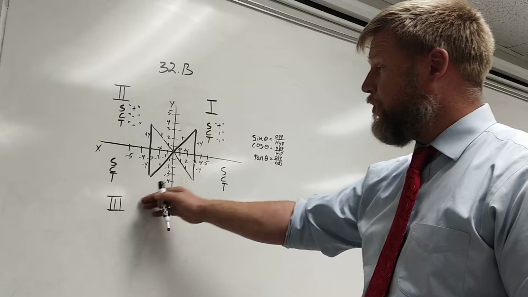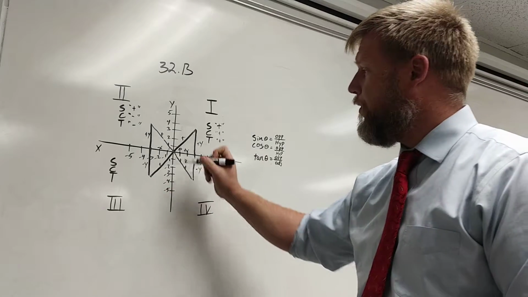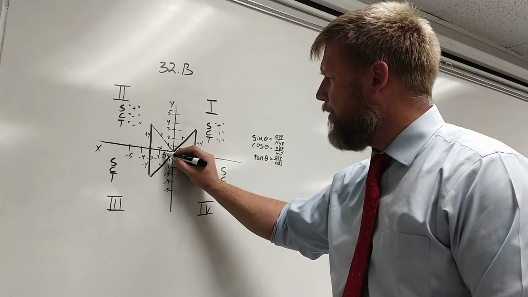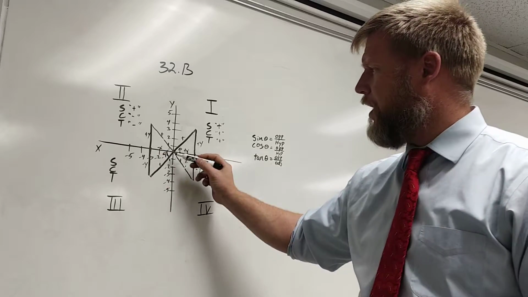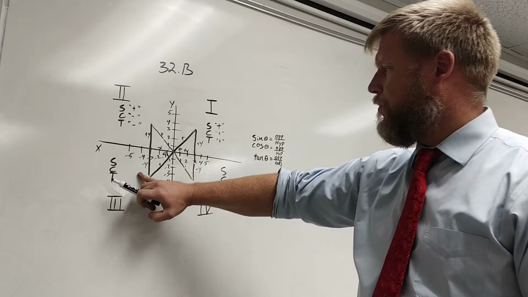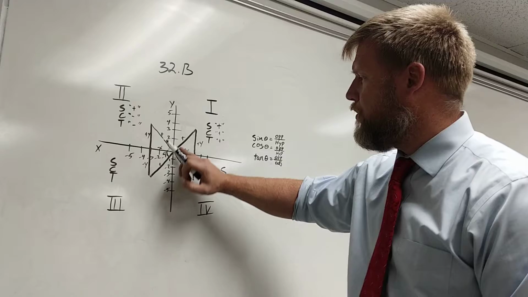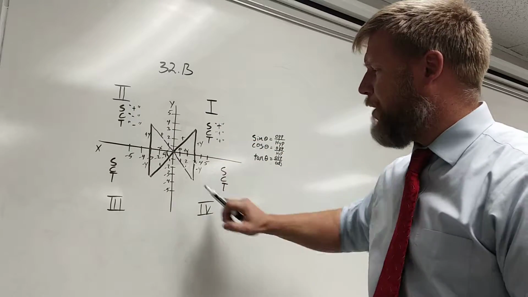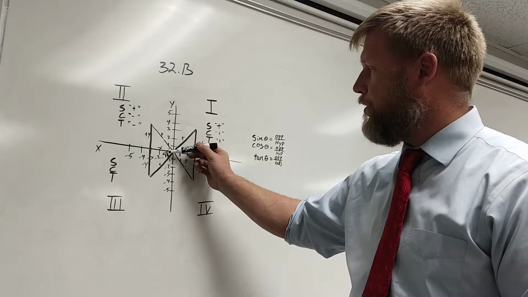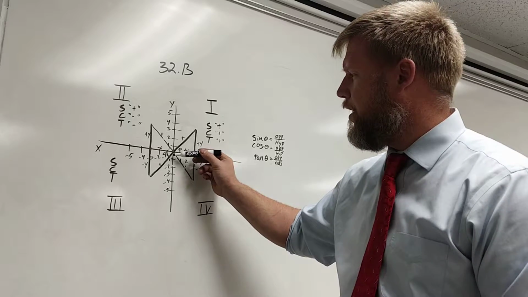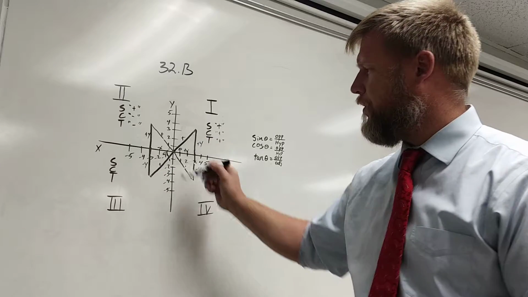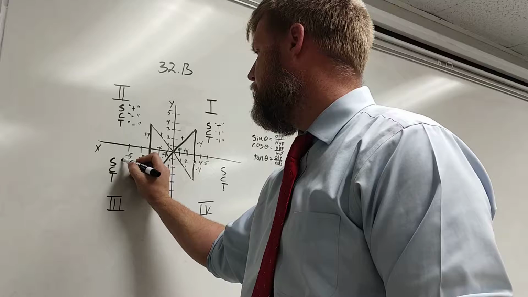Then I move to the third quadrant, and I realize this is my internal angle here, there's my theta, and I look at my sine is my opposite over my hypotenuse. Well, remember the hypotenuses are a radius, and radius are always positive, so the sine function, opposite over hypotenuse, is going to be a negative.